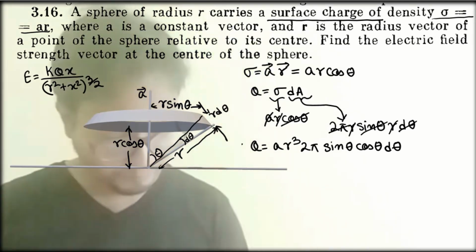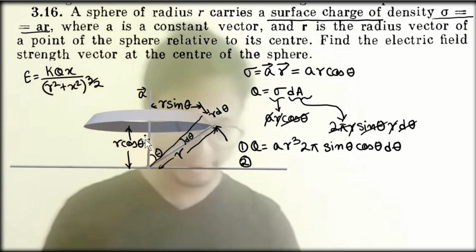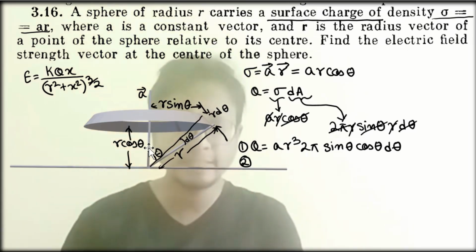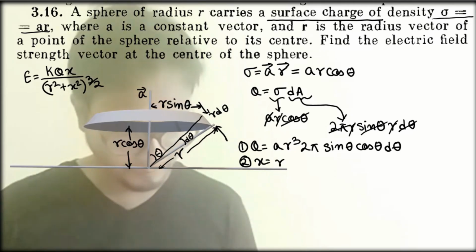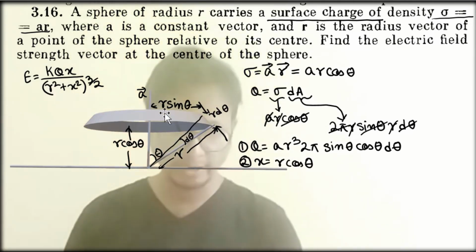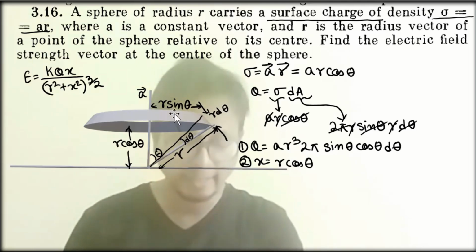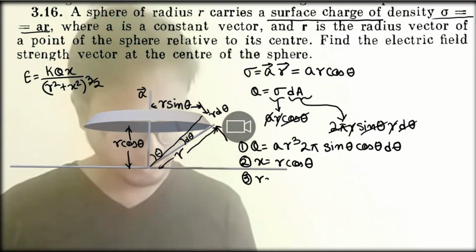Understood? The value of x, the axial distance from the ring, is R cos theta out here. The radius of the ring is nothing but R sine theta.